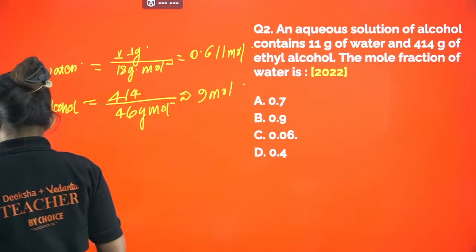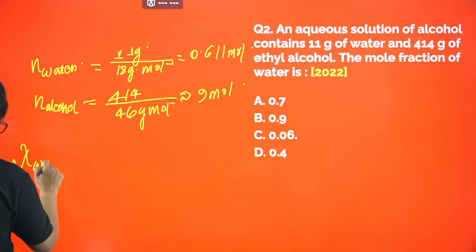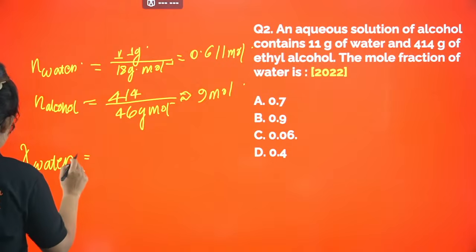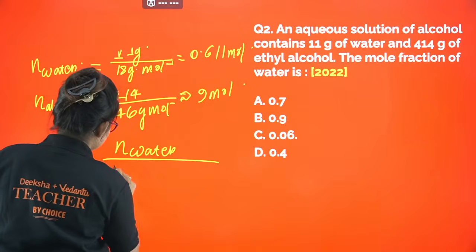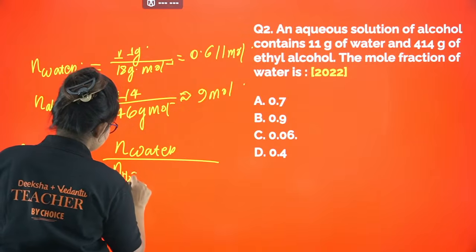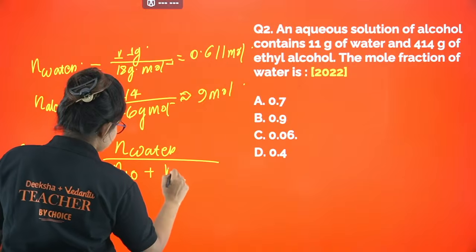Okay, so now let's calculate the mole fraction of water. It will be the number of moles of water divided by the total number of moles, that is, moles of water plus moles of alcohol.